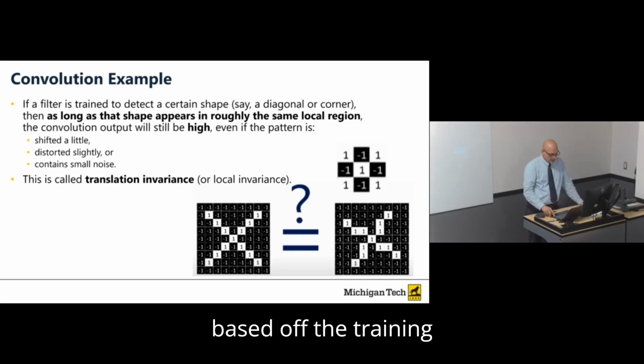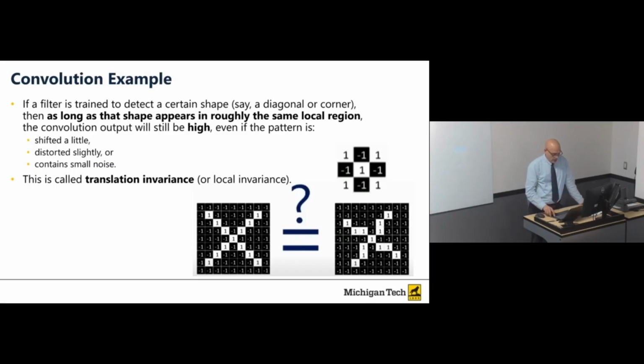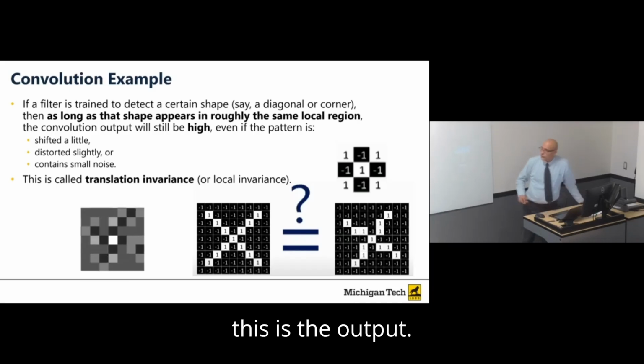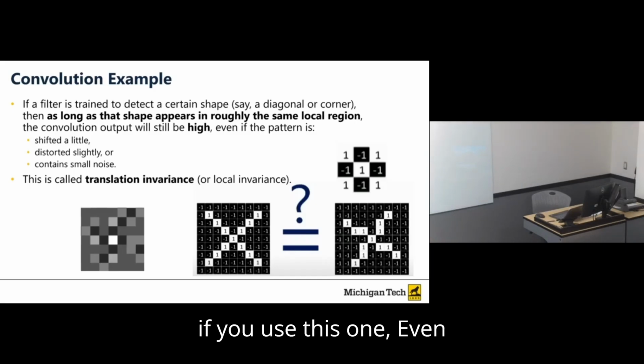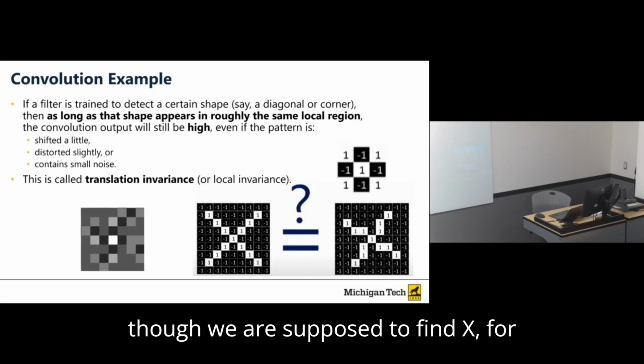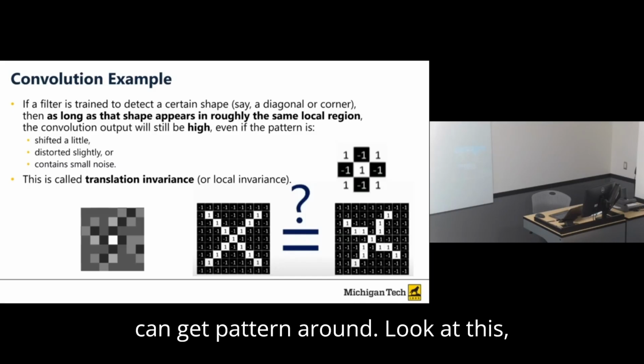But based on the training data, we're going to learn the actual kernel. So this is the output. Even though we are supposed to find an X, this X is not very nice. It's a little distorted, noisy or shifted, and still this can get a pattern out.